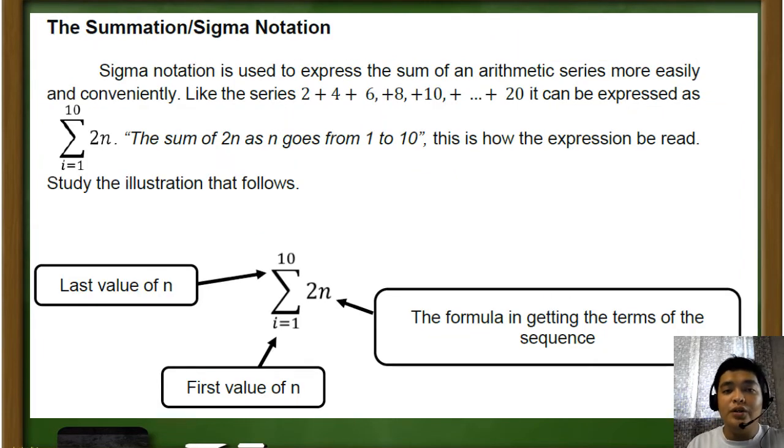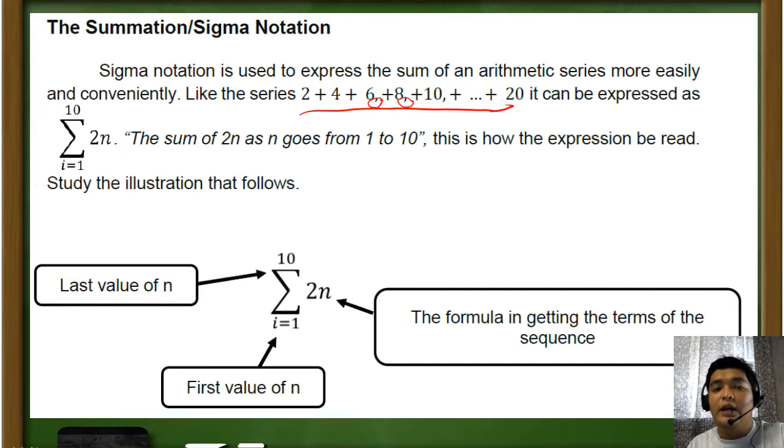The summation or the sigma notation. Sigma notation is used to express the sum of an arithmetic series more easily and conveniently. Like the series 2, 4, 6, 8, 10 plus up to 20. There are no commas here, class; it is just a typographical error.